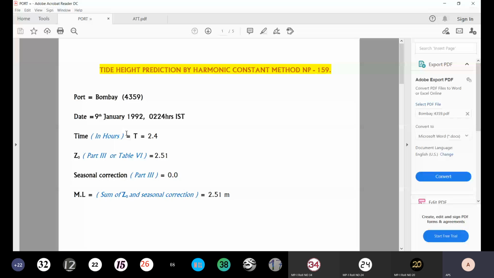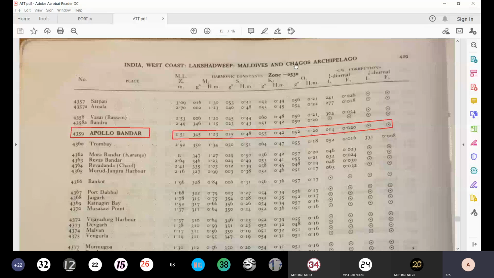So have you written this hours 2.4? Then you've written Z0 equal to 2.51. Z0 we got from here, part 3, page number 429. 4359 Apollo Bandar. Now can you see above that 4358A Bandra?